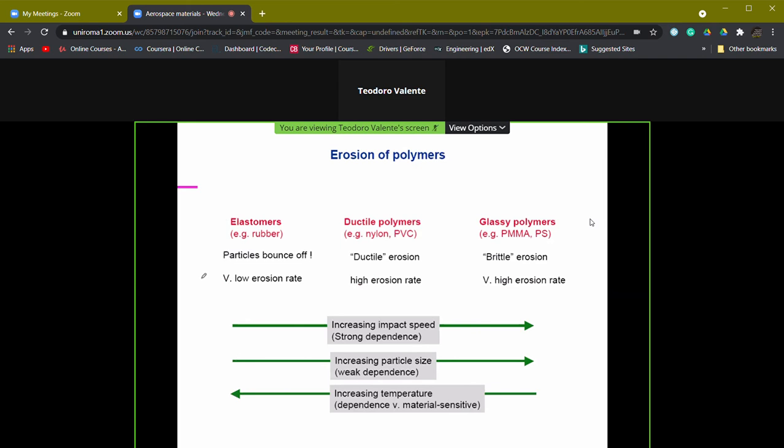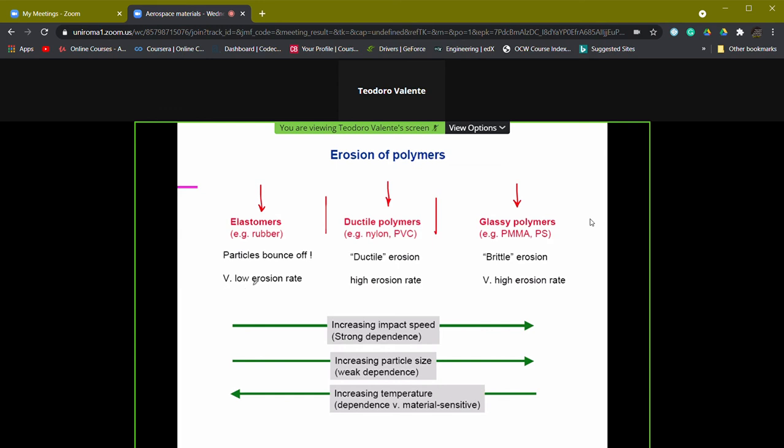Also polymers can be subjected to erosion phenomena. What is going to happen for the three basic classes: polymers behaving as glassy polymers, that means thermoset materials or thermoplastic materials at a temperature under the glass transition temperature; polymers behaving as ductile materials, that means thermoplastic materials at a temperature higher than the glass transition temperature; or the other class, the elastomers.